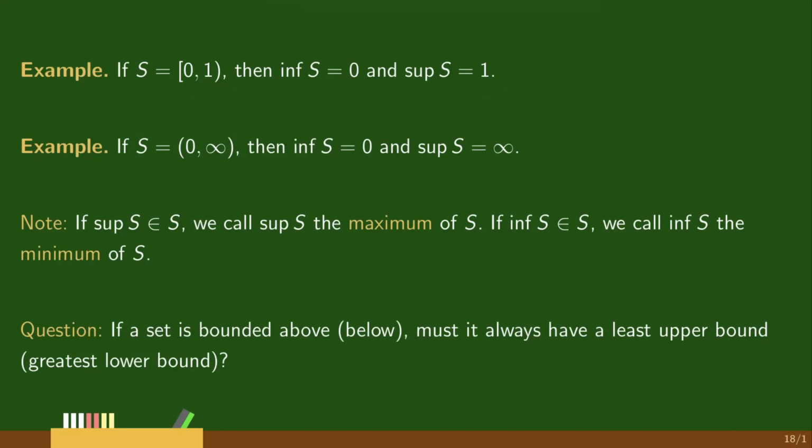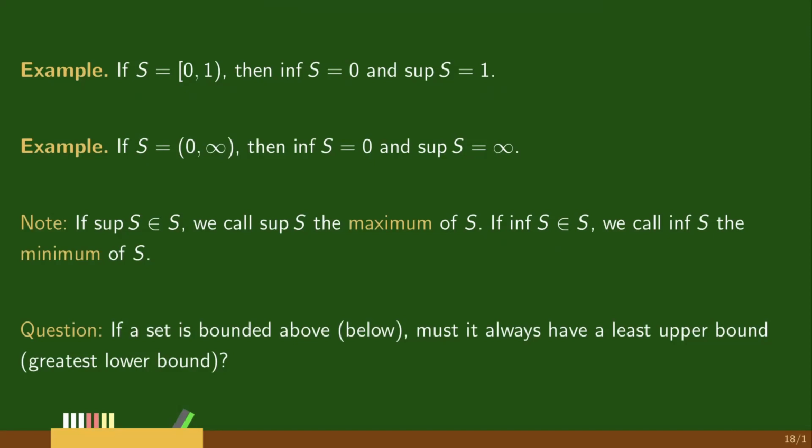Would this always exist? Kasi, tingnan nyo, hindi lahat ng set ay may maximum or may minimum. Right? Hindi ka laging may least, hindi ka laging may greatest for a given set. Ang tanong, if you have a set of upper bounds, among the upper bounds, would there always be the least?